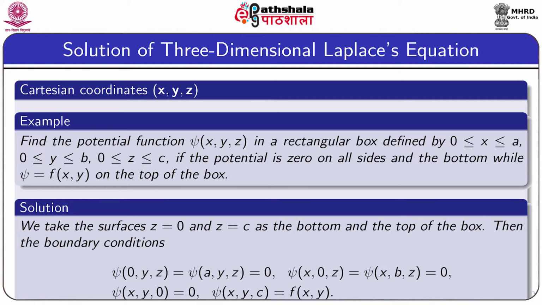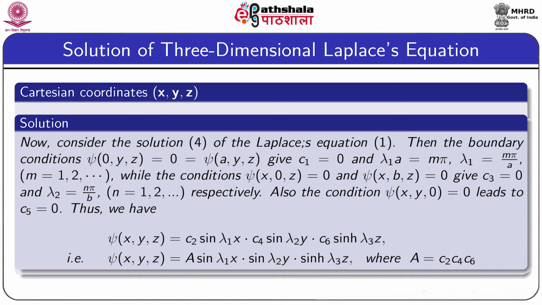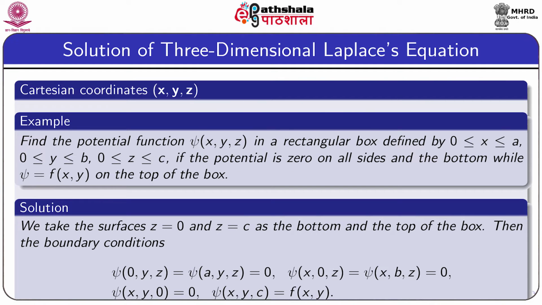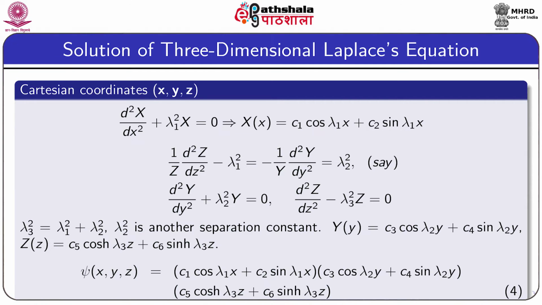Now, we are going to solve this problem together with the supplied boundary conditions. We have already derived the solution of the Laplace equation in Cartesian form, which is written in equation number 4. Now, if we apply the boundary condition psi at x equals 0 and psi at x equals a equals 0, the equation number 4 reduces to C1.